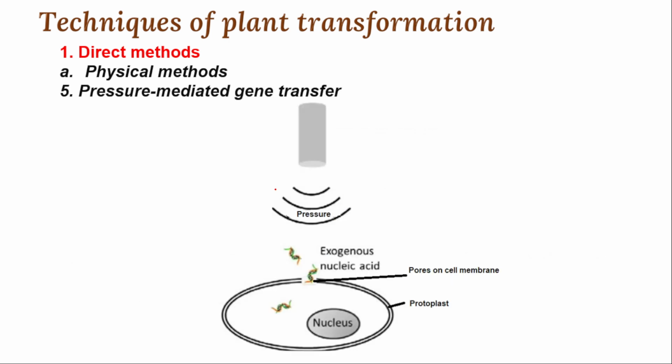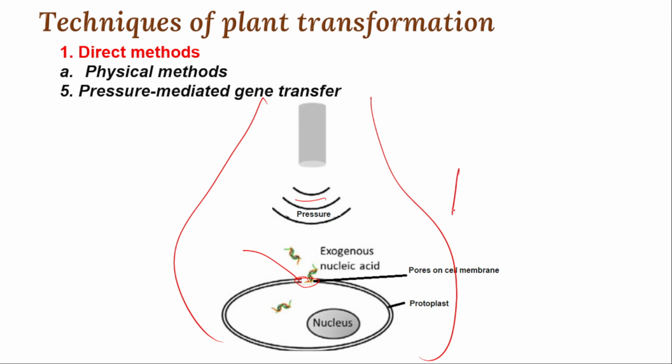The next method is called pressure mediated gene transfer. Some instrument is there that will generate a high pressure. Whenever pressure is exerted, it will create a tiny pore on the surface of the protoplast.